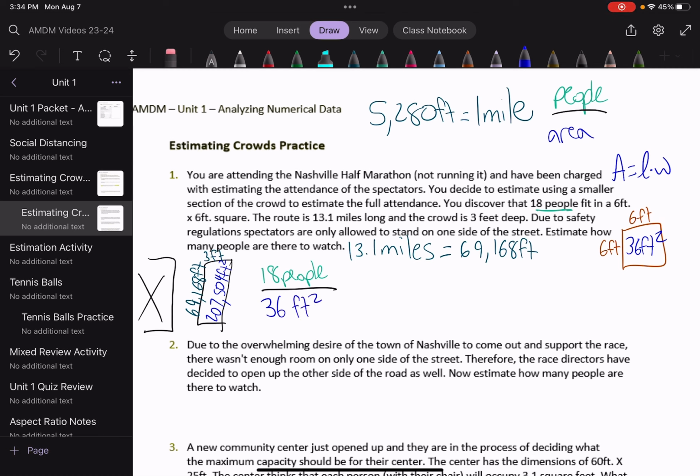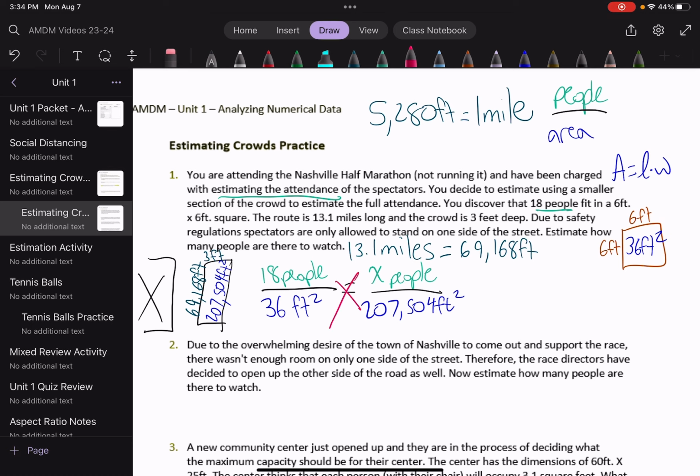That was that 6 by 6 square foot. I'm now going to compare that to, I don't know the amount of people, guys. That's what we're looking for. We're estimating the attendance, which means we're looking for the number of people. So I'm going to say X people fit in the space of an area of 207,504 feet squared.